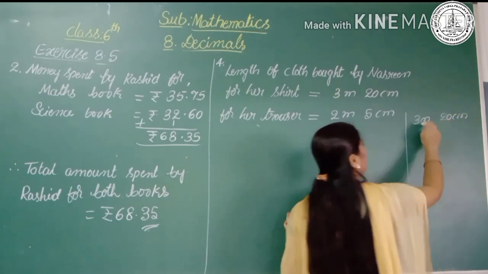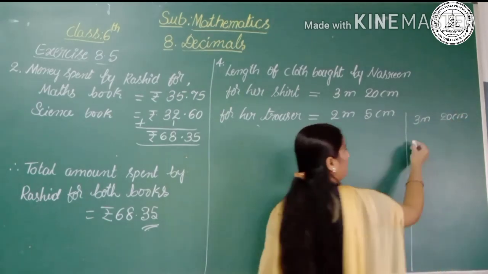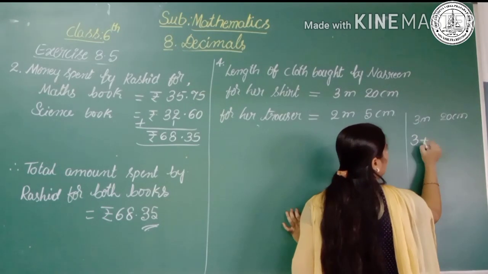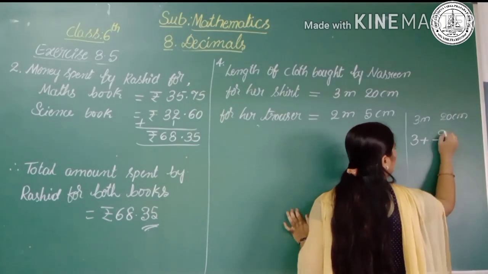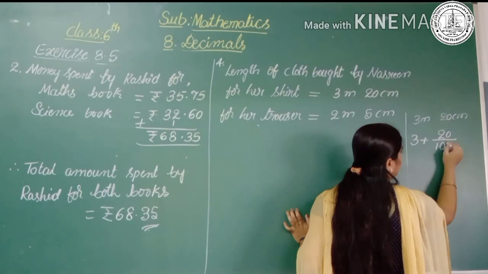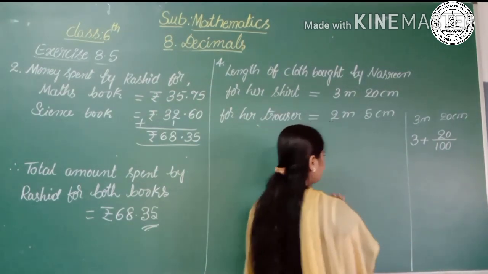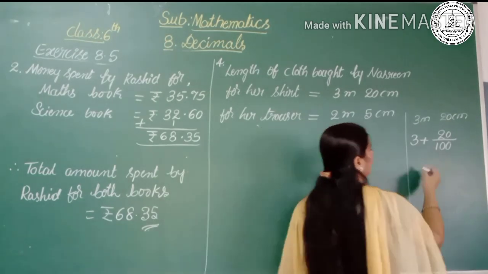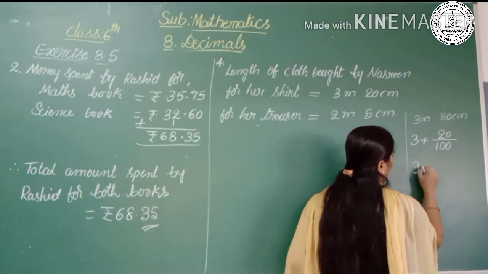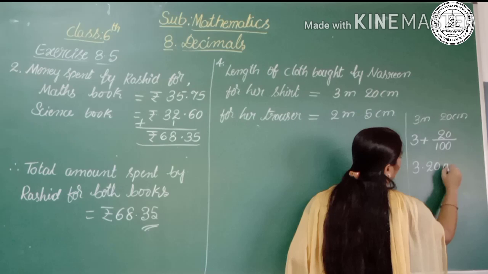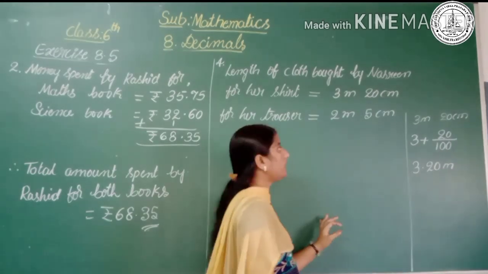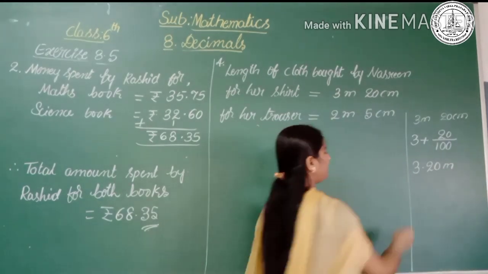So we have to convert it to the meter. So 3 meter we can write it as it is, plus 20 centimeter can be written as 20 by hundred. Right? Yes. So we can write it as 3.20 meter.